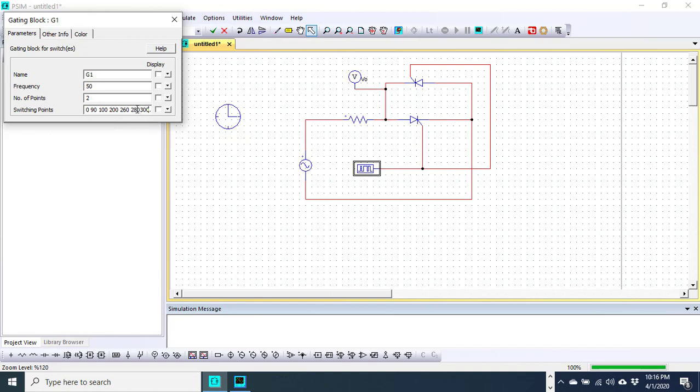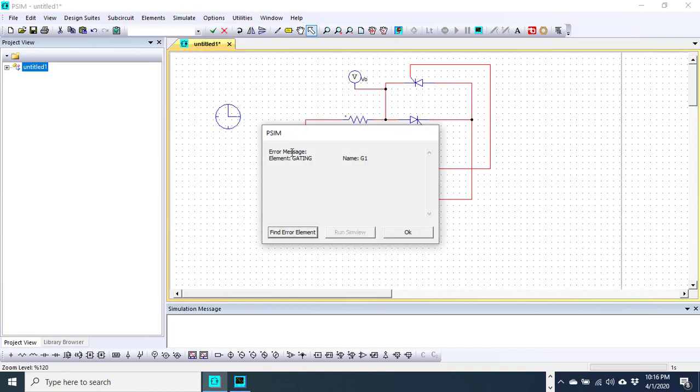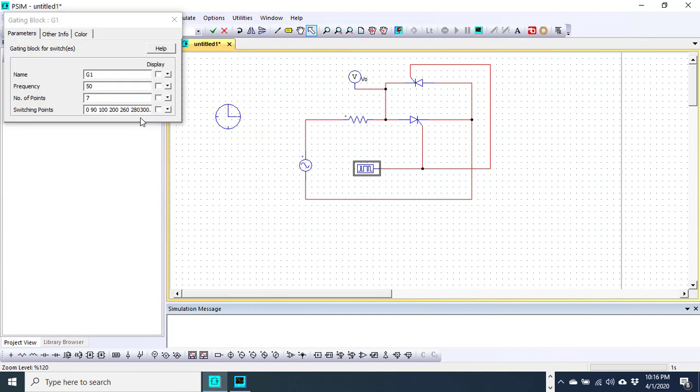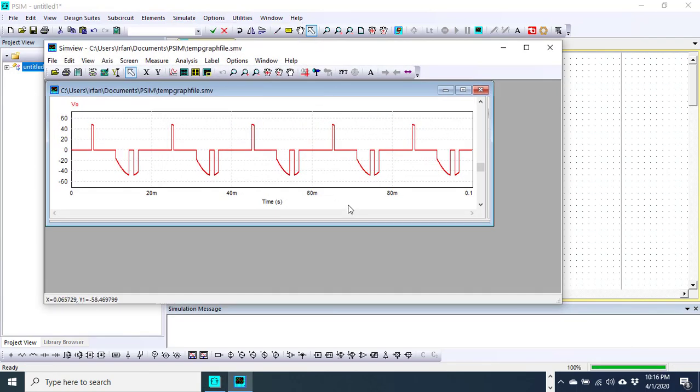So I have 7 switching points, different firing angles. So if I press the simulation, what's the problem with the simulation? Okay, I have to give space. Now you can see the wave can be controlled.